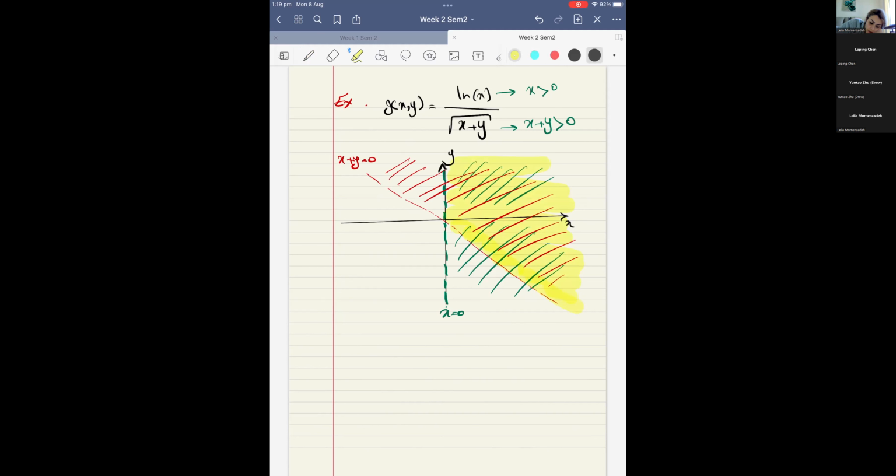It is the domain. It means that the domain is x and y belonging to R square, x more than 0, and x plus y more than 0. Okay.